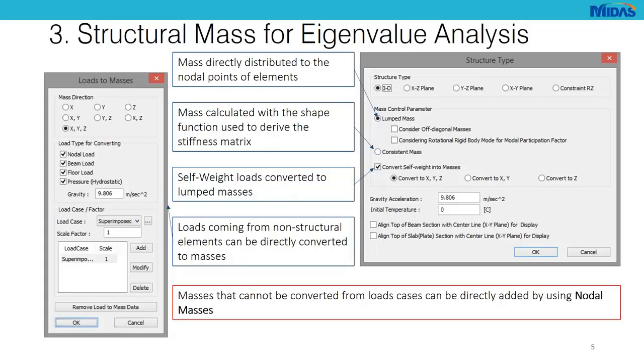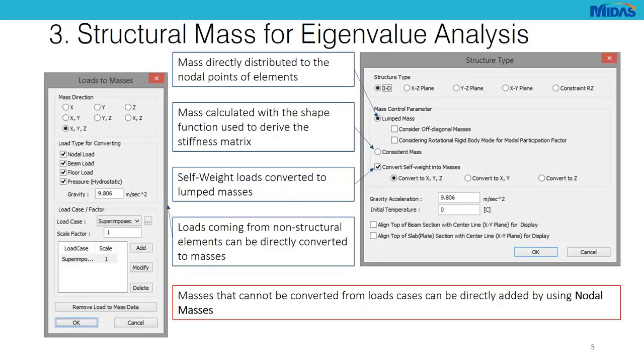For example, for tall structures where the horizontal displacements are the most relevant ones, we can convert only to x and y, so to the horizontal plane, in order to save computational time on large structures.